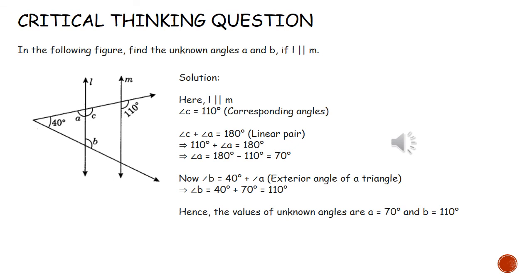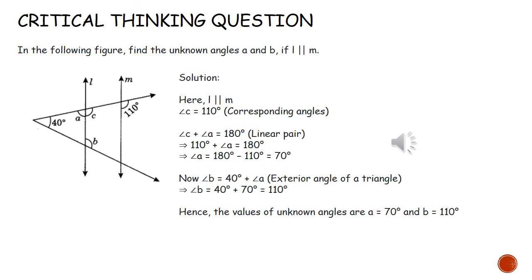Here is one critical thinking question. In the following figure, you have to find out the unknown angles A, B, C, and it is given that L and M are parallel lines. As L and M are parallel lines, we can say that angle C is equal to 110 because they are corresponding angles.